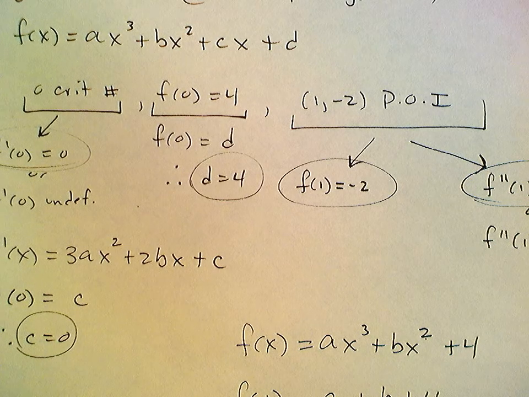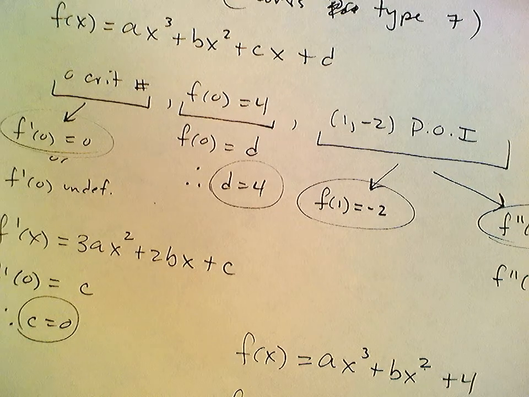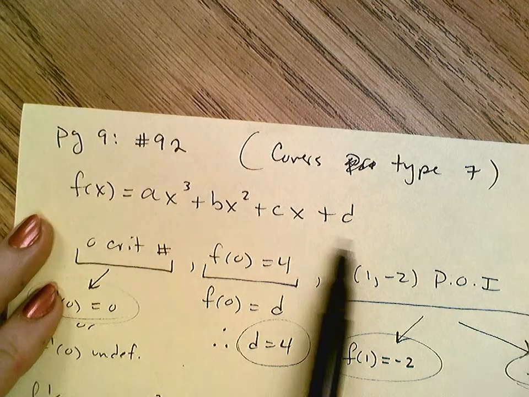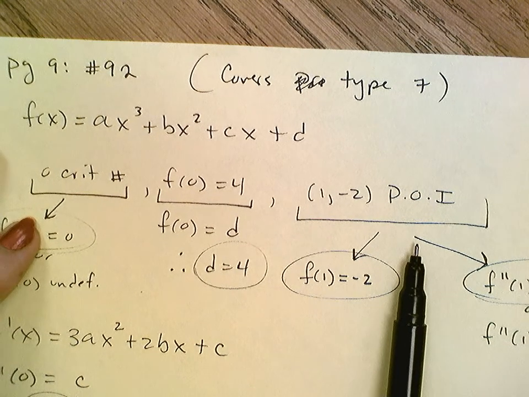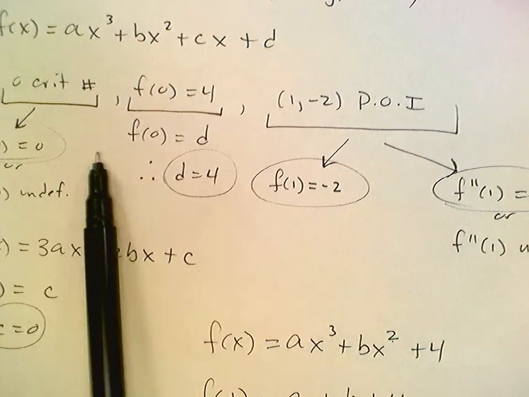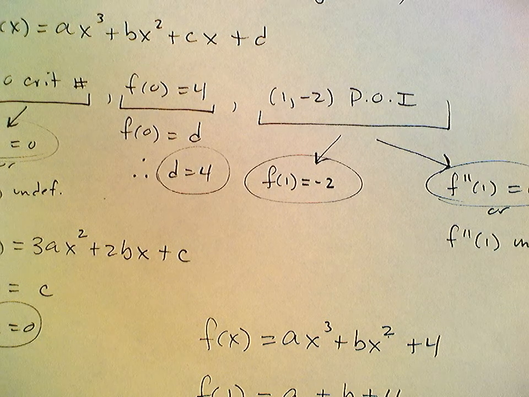Your one on the test will not be that long, but it's the same idea. You're going to be given a function that looks like this. You're going to be told some information which will allow you to say certain things, and then you set up a system of equations. Alrighty guys, I'll talk to you later.